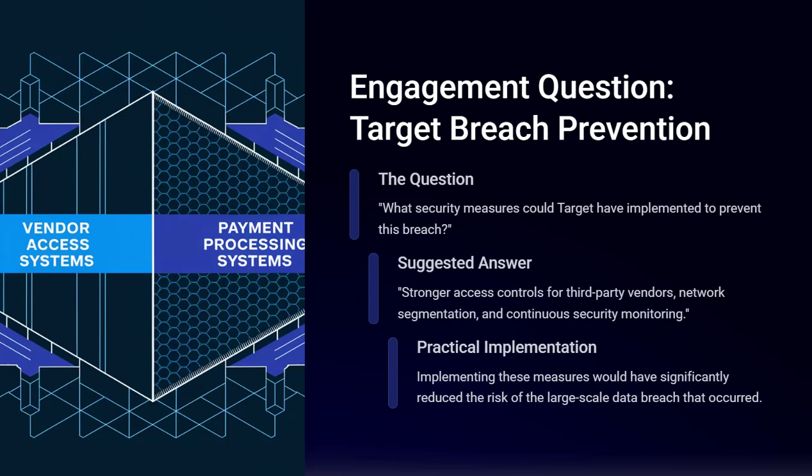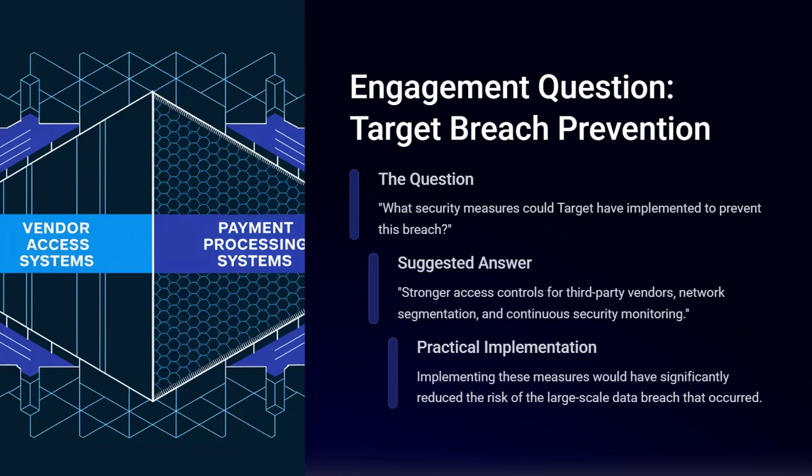Target breach prevention. The question here is, what security measures could Target have implemented to prevent this breach? You should consider strong access control for third-party vendors, network segmentation, and continuous security monitoring.